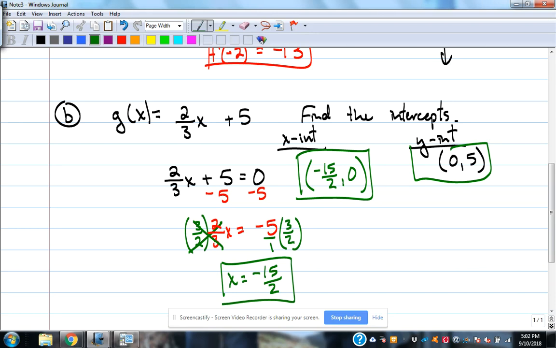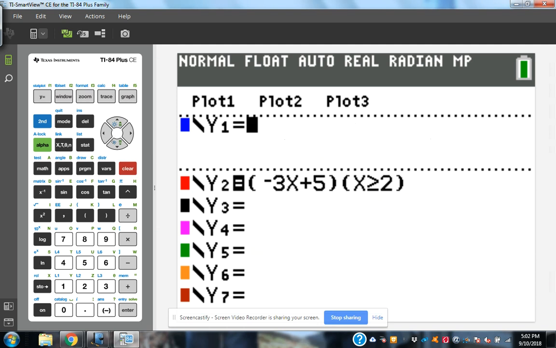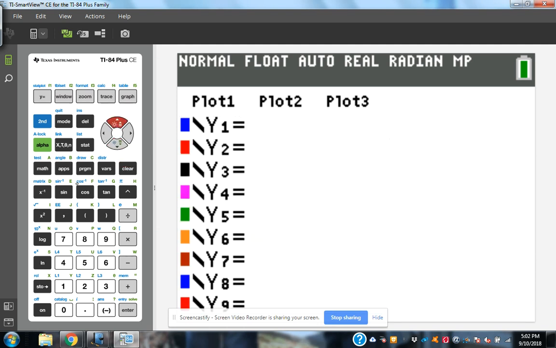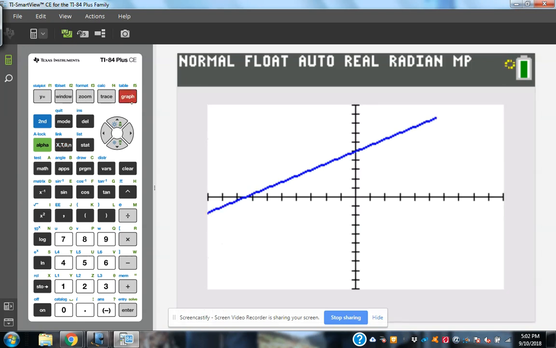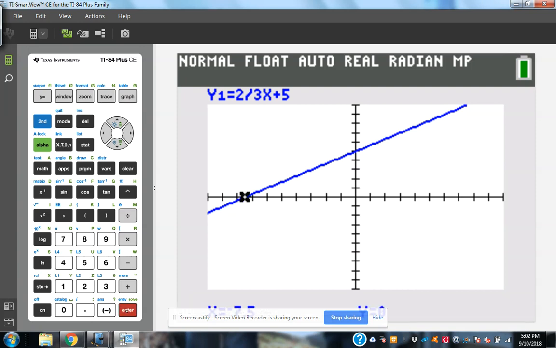If I wanted to check that, I've got that $100 paperweight there. I can graph that equation, 2/3 x plus 5. And then to check those places, I can hit trace, and then it was -15/2. That's what I thought was the x-intercept.